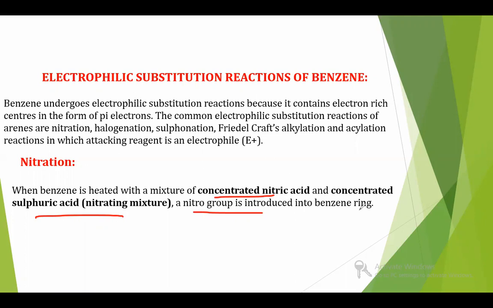The first one is sulfuric acid, H2SO4, and the second one is nitric acid, HNO3.